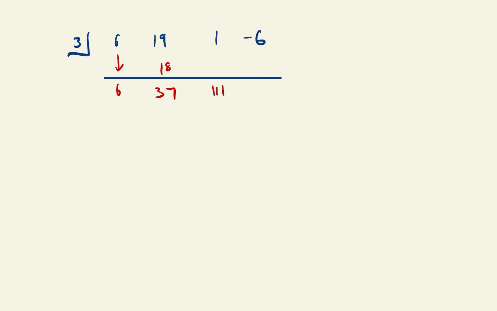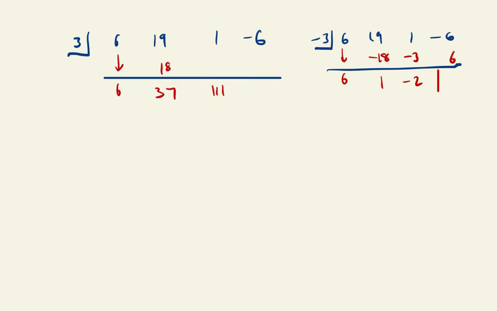Multiply, you're going to get 111, and that's definitely not going to be 0. So let's try -3 now. -18, add, you get 1. That's -3, that's -2. Wow, we finally get 0 remainder.